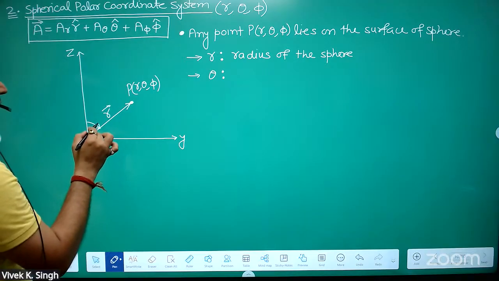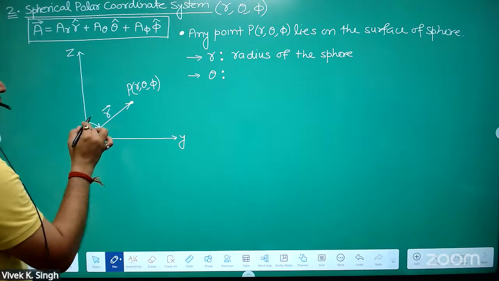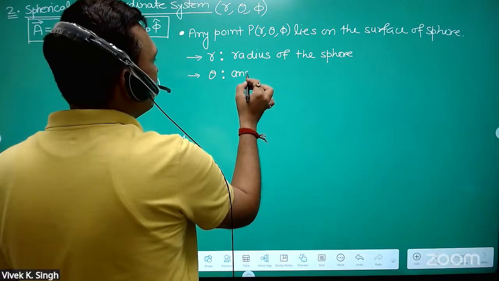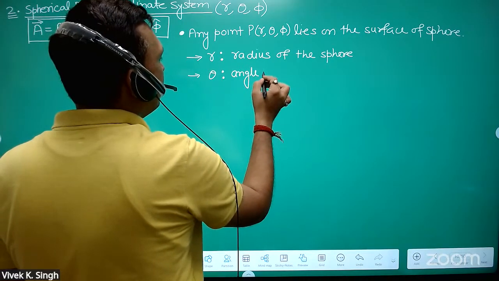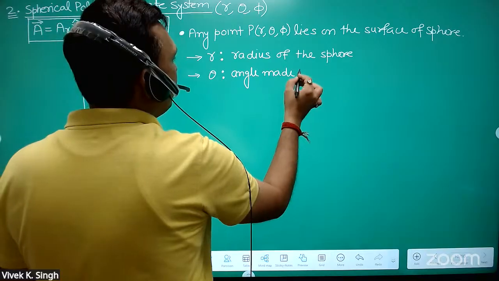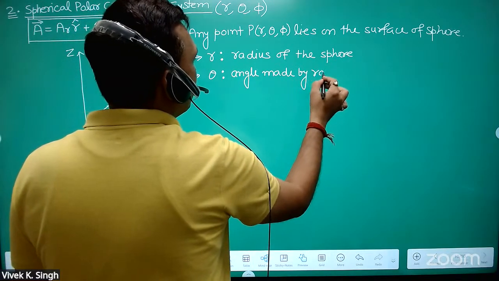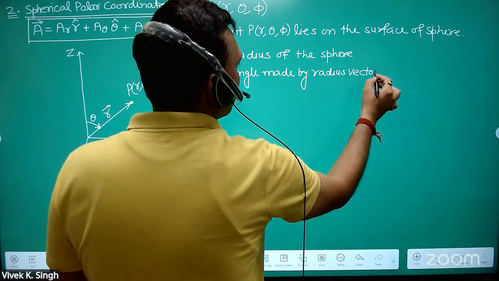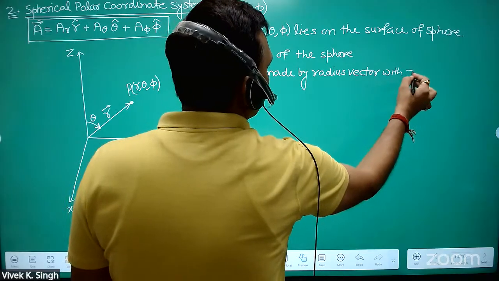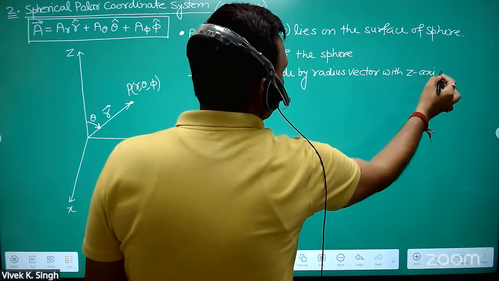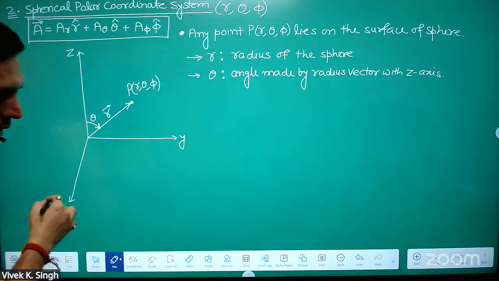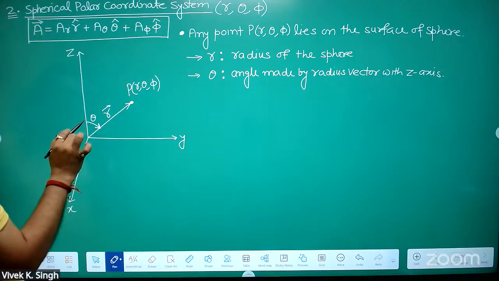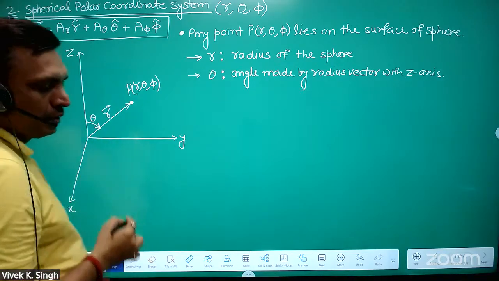This arrow shows the positive direction of theta.